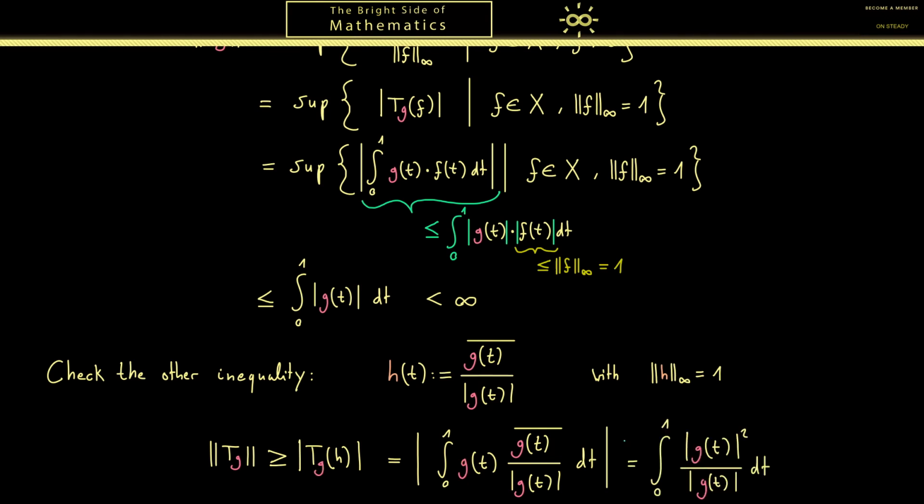We can omit the absolute value outside because everything is positive here, and we also can just cancel out one absolute value of g(t). And then what remains is exactly the same integral as before. And now we can put both inequalities together and find out that the operator norm of the operator T_g is exactly this integral. Okay, so this was one quick example of calculating the operator norm of an operator between two normed spaces.